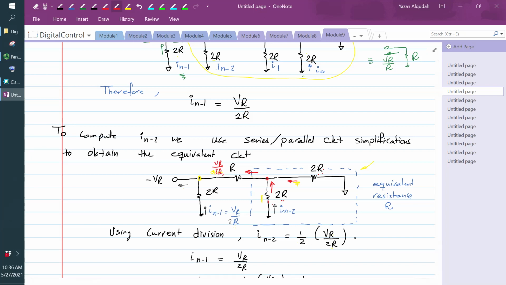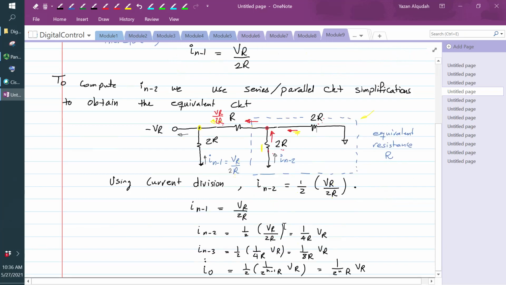So therefore, I can continue with the calculation of these currents. IN minus 1 we calculated above is VR over 2R. IN minus 2 is 1/2 VR over 2R.